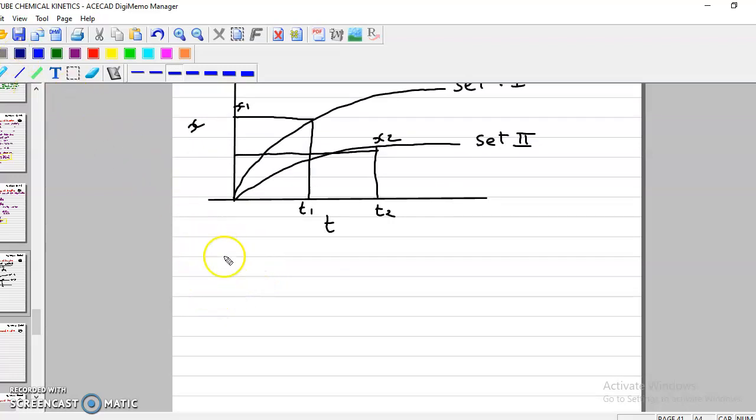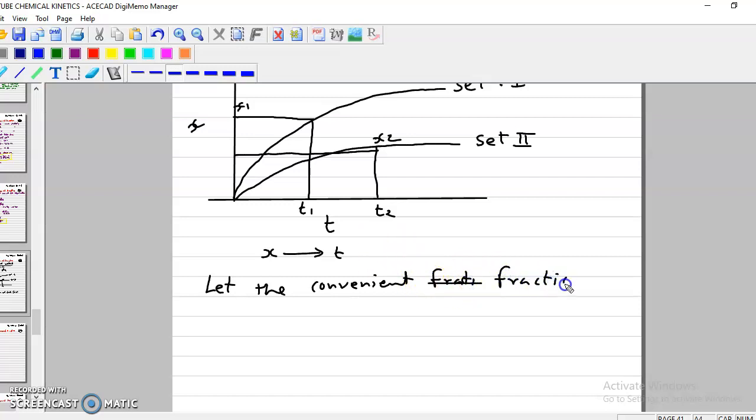Plot x versus t in both the series and determine the time required to complete a convenient fraction of the reaction. Let the convenient fraction be y is equal to 10%.